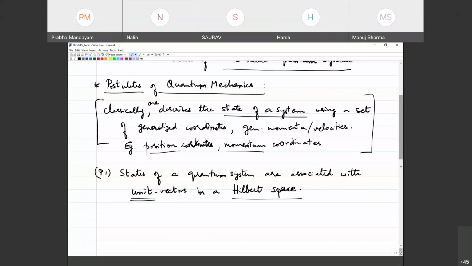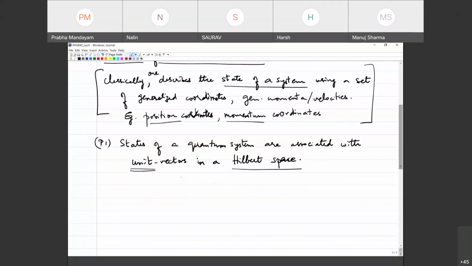Okay, so some of you may have done linear algebra courses where the idea of a Hilbert space is introduced for you. For our purposes, since we will essentially be working with finite dimensional systems, we will not be really interested in defining a Hilbert space formally, right? So for our purposes, it suffices to say that in this course at least we will focus only on finite dimensional systems.